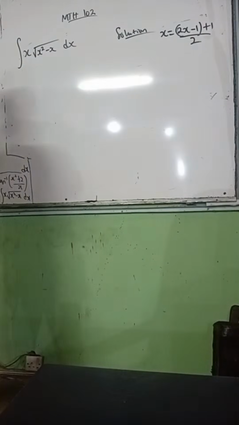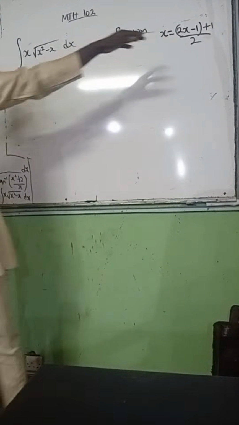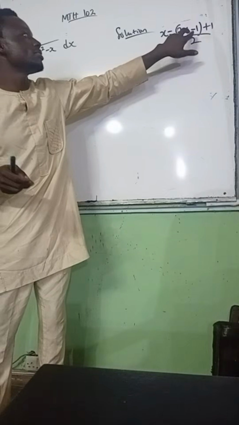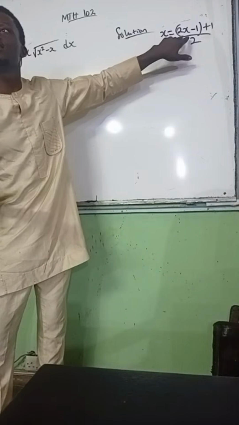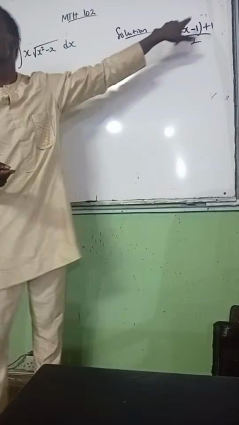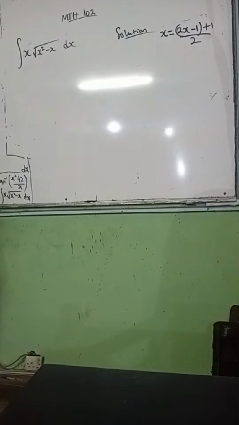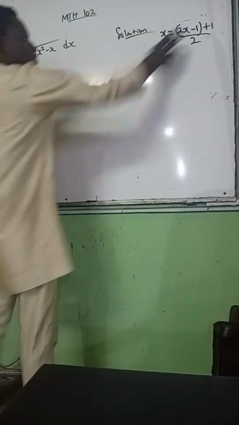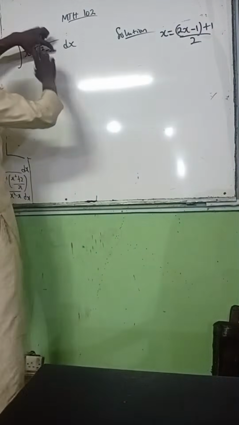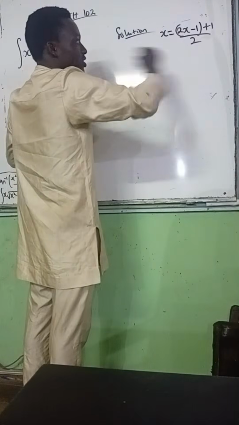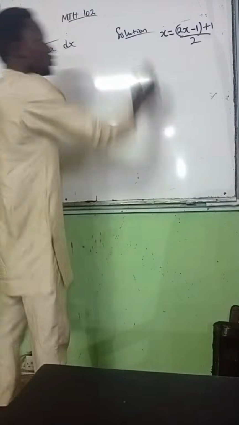I could have come with another manipulation, but this one is more valid because it looks like the derivative of this guy. So for me to put the derivative of this inside this manipulation, what I just need to add is 1 and divide by 2 to give me x.